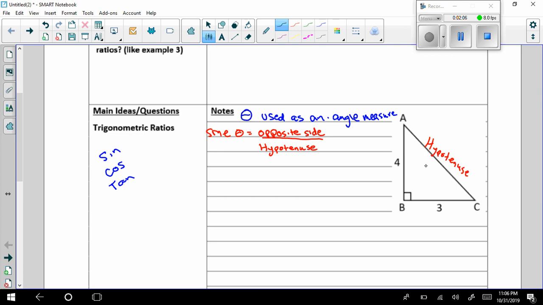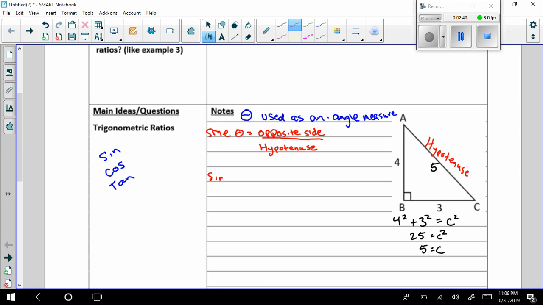We also know that it is 5 because this is a triplet, but if you don't know your triplets, then you could do 4 squared plus 3 squared equals c squared, and solve that out. Okay. But depending on what your angle of interest is, the sine of that ratio opposite over hypotenuse will change.